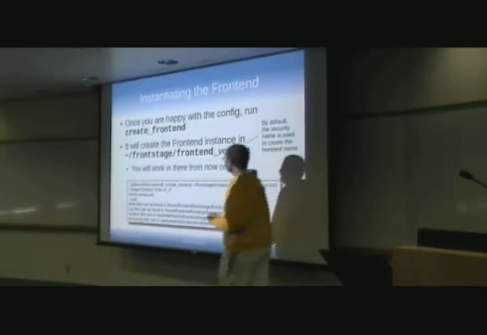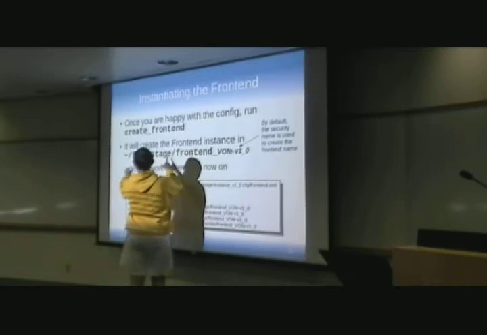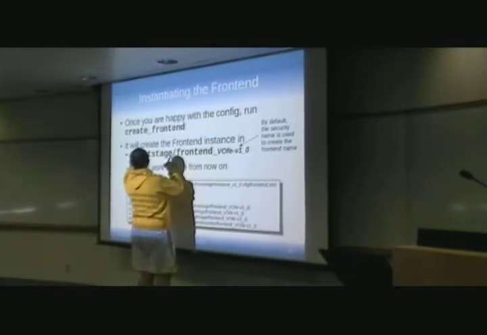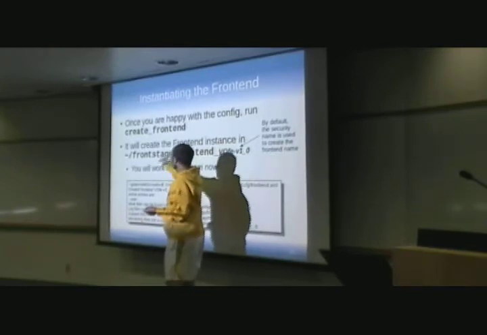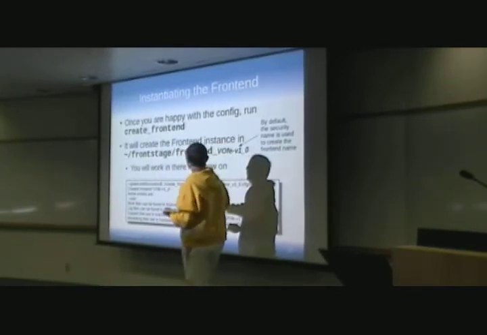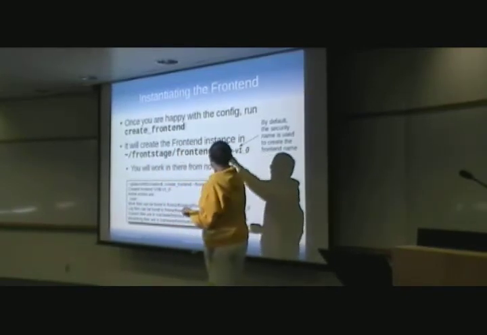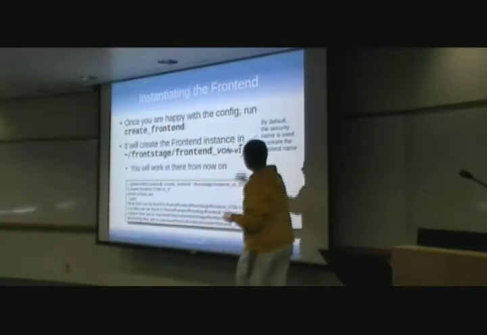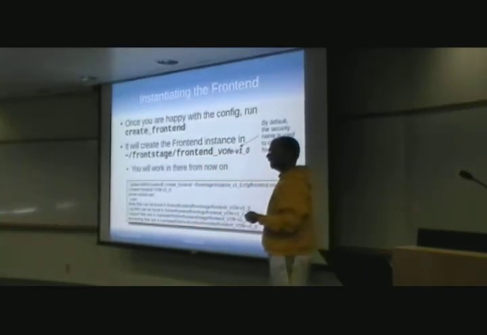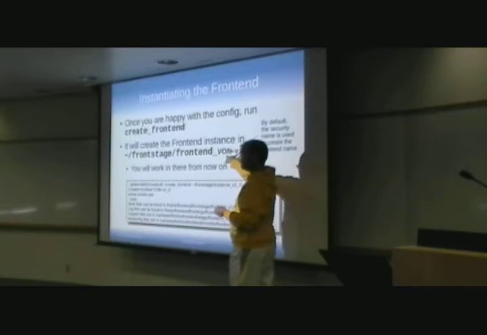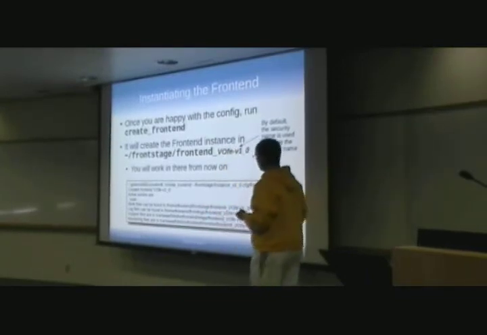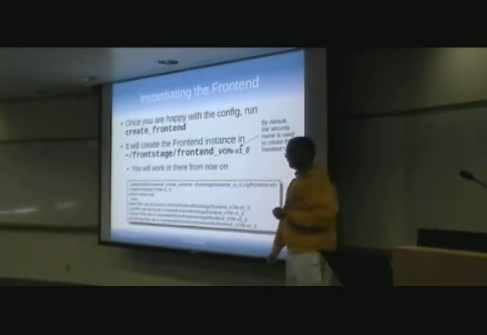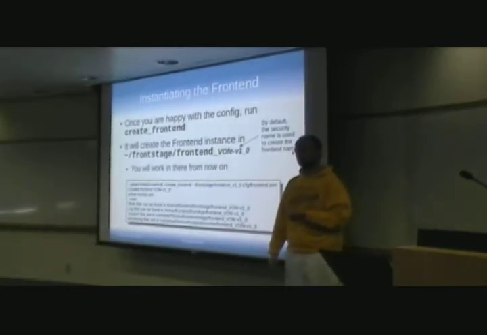The name will be the base directory you said you want to use, and this is the default, and there's a frontend stage. Then it will set frontend underscore the frontend name. The frontend name is set by default in the installer to security name plus the version. And here is the actual printout of what it would look like.